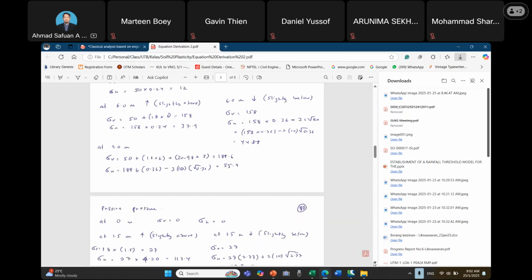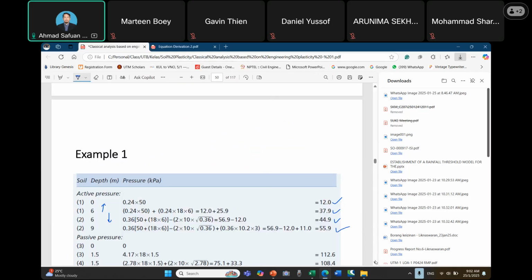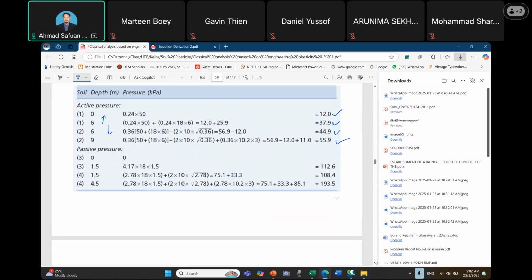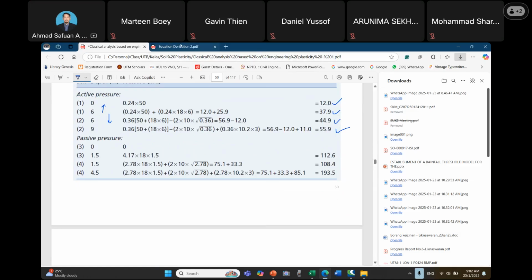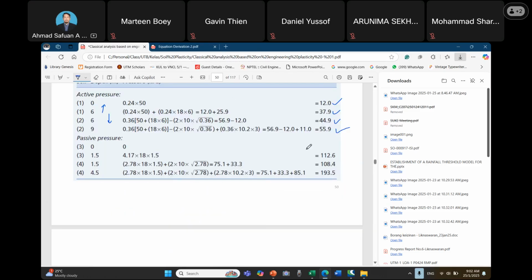So then for the passive part, at 0, this is equal to 0. Okay.